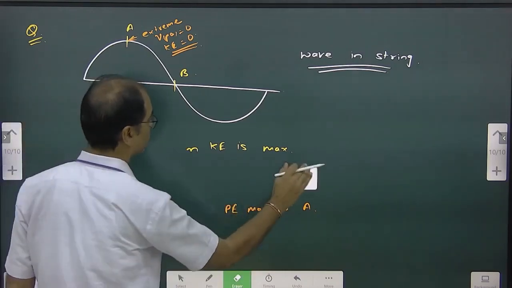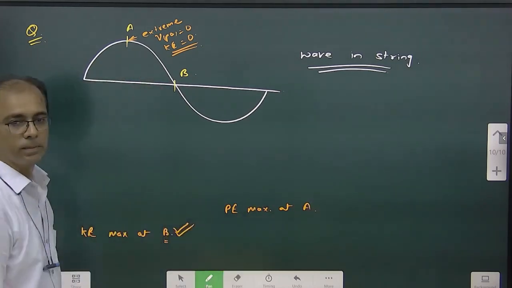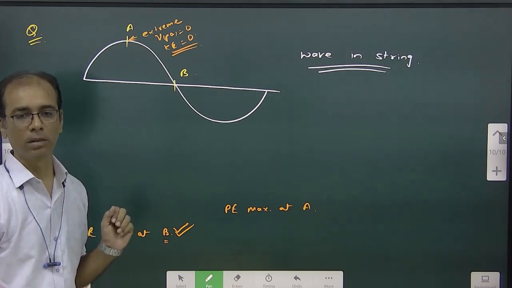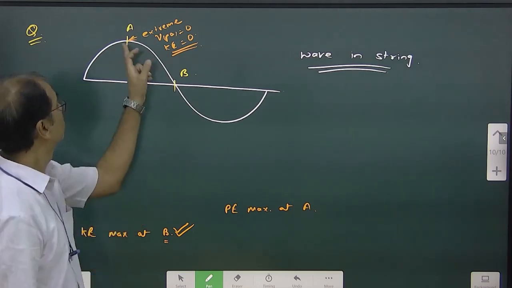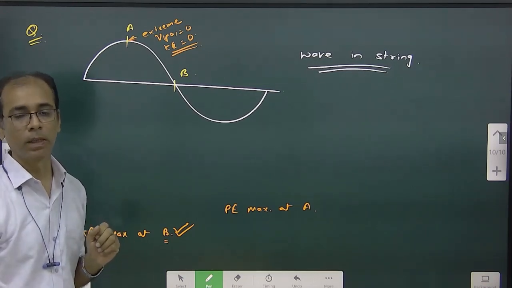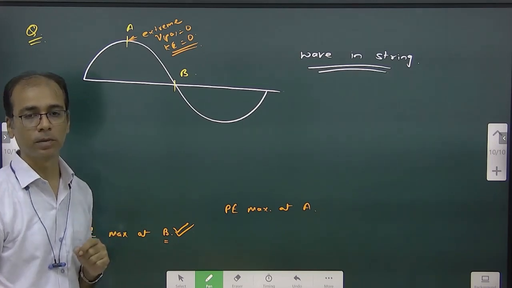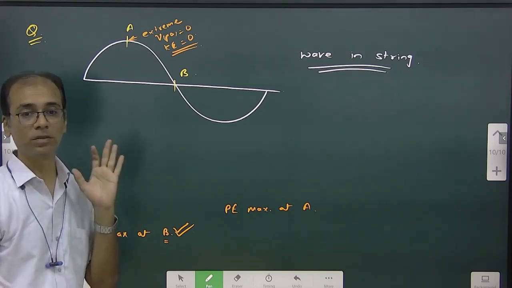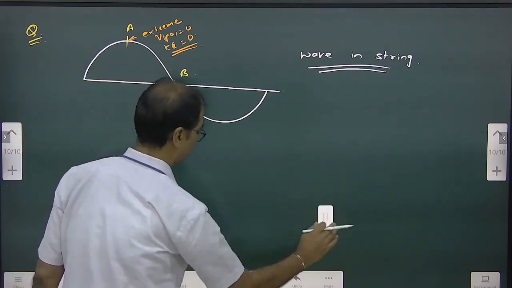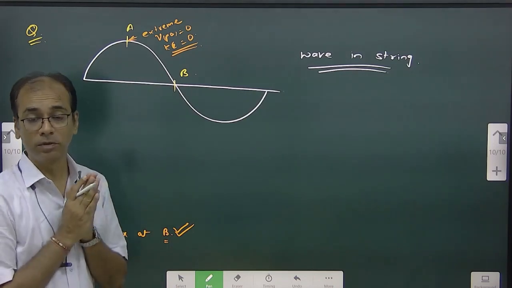Now what about potential energy? Now potential energy in wave in string particularly, is it maximum over here? Answer is no. Potential energy is maximum at a place where stretch in the string is maximum. This is not potential energy of the particle.